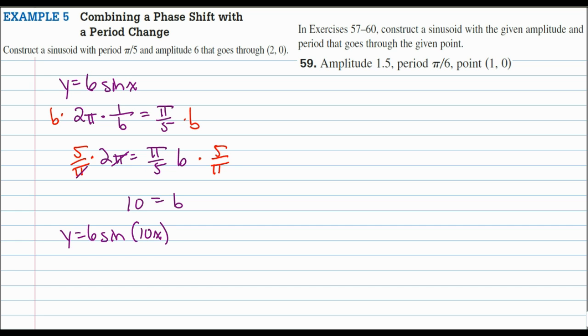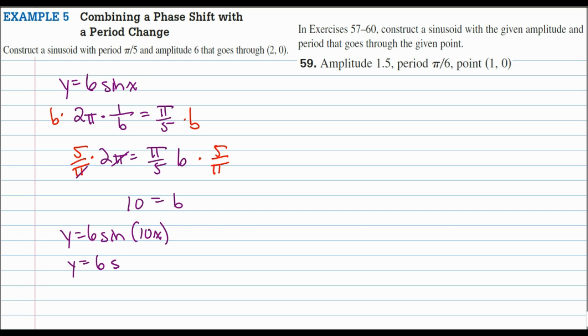Alright, well now I've got to find a way to make this curve specifically pass through the point 2, 0. Well, if it passes through the point 2, 0, I know the sine of 0 is 0. So I've got to create an inside expression that when I plug in 2, I get out 0.